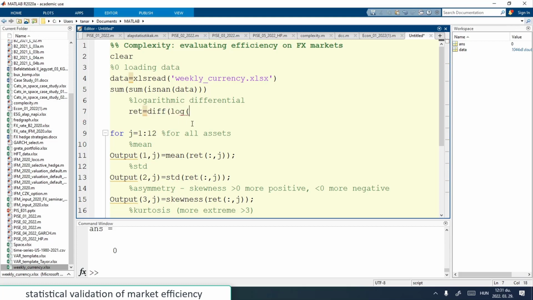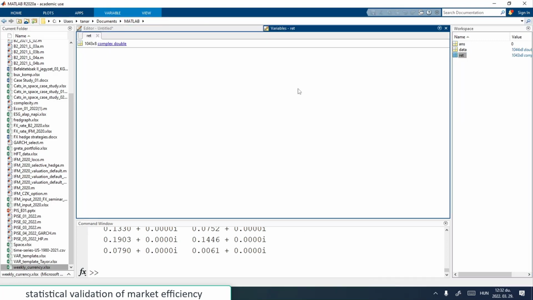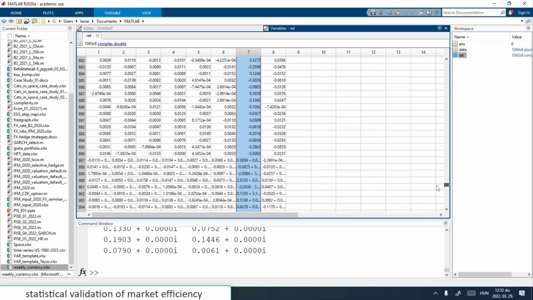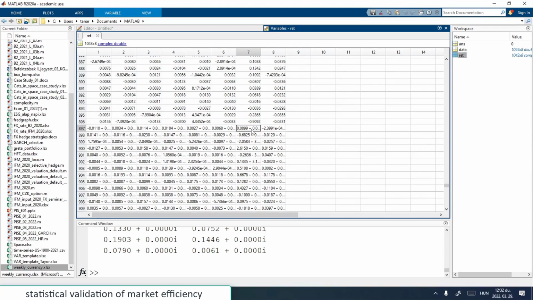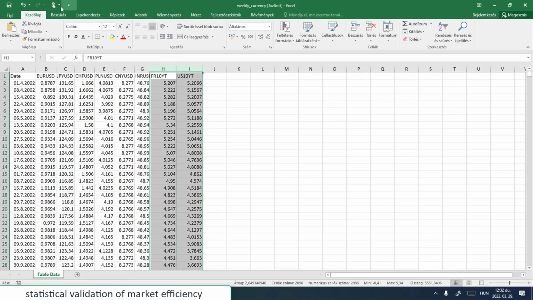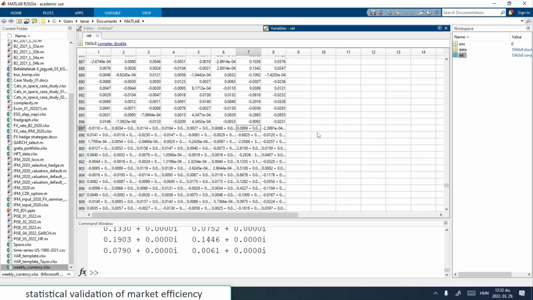First we will take the logarithm of the data, and then we will see funny things. I included in the last 2 columns 2 interest rates, and obviously interest rates have become negative because of crisis management, so you cannot take their logarithm.